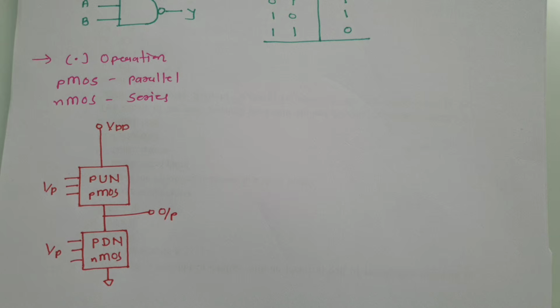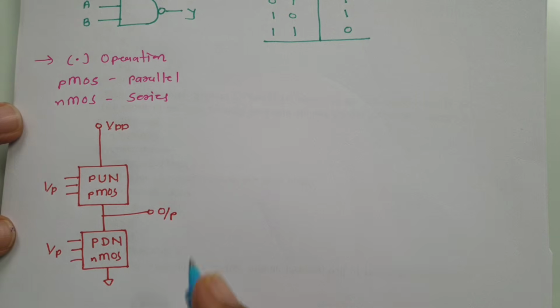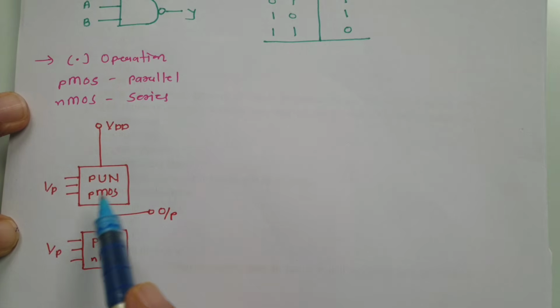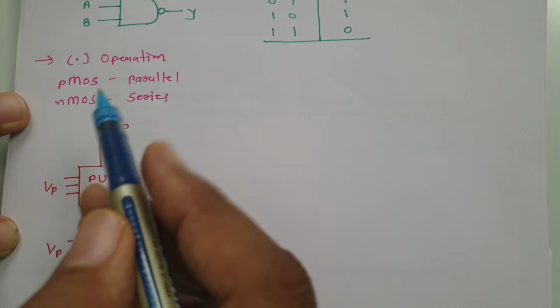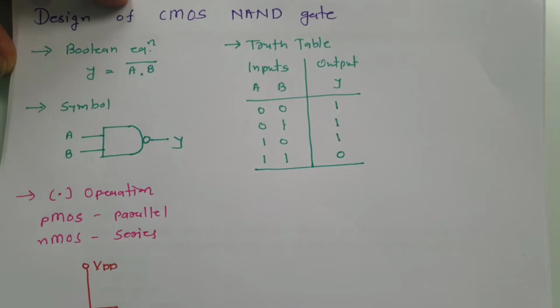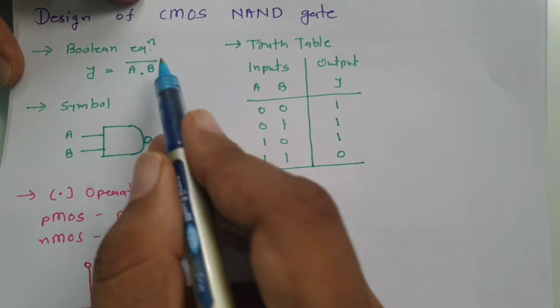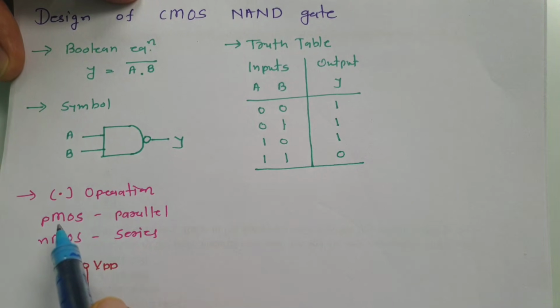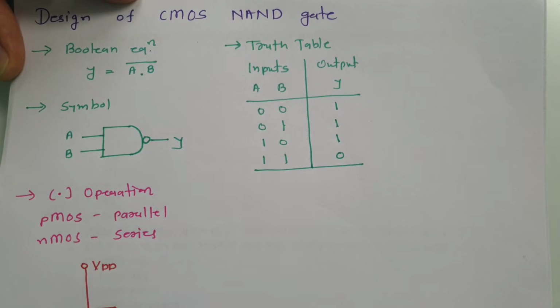Now let us understand how to implement this NAND gate using PMOS and NMOS. The pull-up network will be made of PMOS and the pull-down network of NMOS. In the NAND gate, as I told you, it is a dot b whole bar, so the operation is a dot operation, and in a dot operation PMOS should be in parallel and NMOS in series.